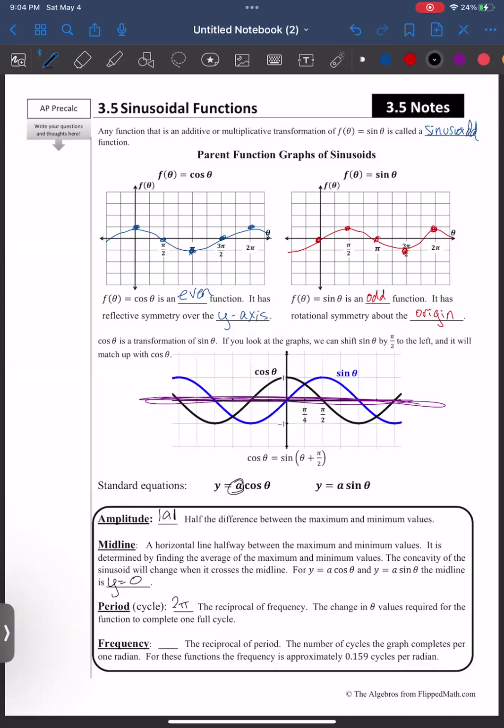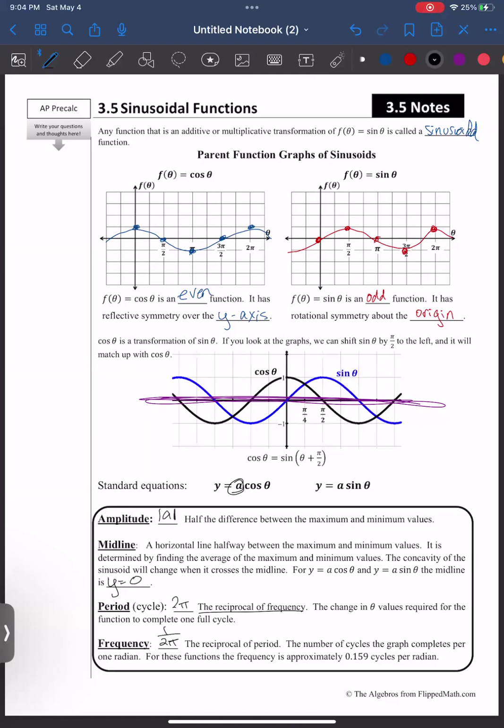So then the last thing that we have is called the frequency, which is 1 over 2 pi, right? They kind of gave it away in the period and says the reciprocal of the frequency. So if the period is 2 pi, the reciprocal is 1 over 2 pi. So the number of cycles the graph completes per 1 radian.